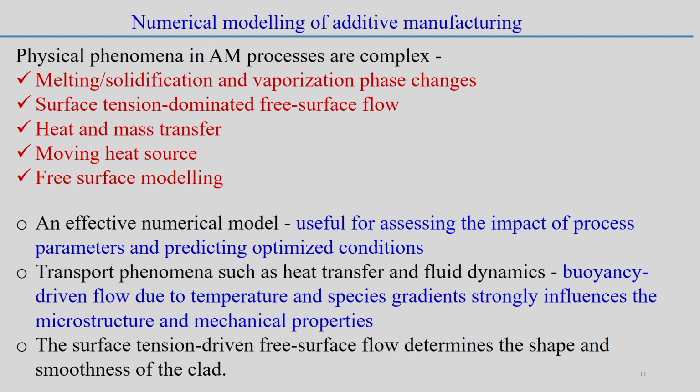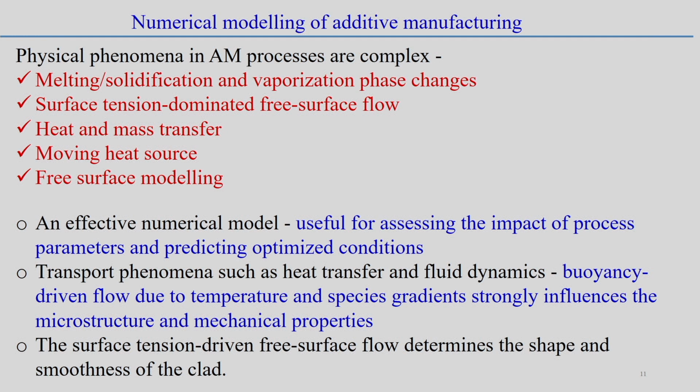In these cases the interaction can be very complex as well. Therefore, we normally represent the interaction in the form of a heat source model, so that is very important. Apart from this, there is free surface modeling, which we have already explained, for the bead profile, and that is also important in the additive manufacturing process.